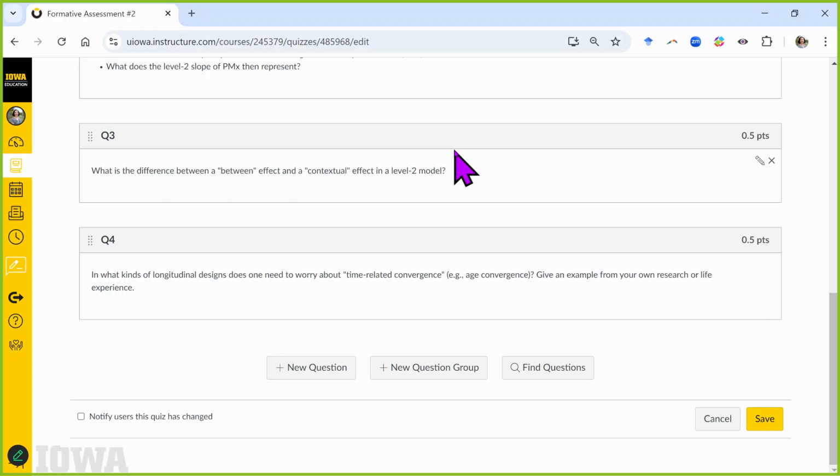The art of unbalanced time is related to this as well. So when do we need to worry about age convergence? Or smushing with respect to accelerated time?